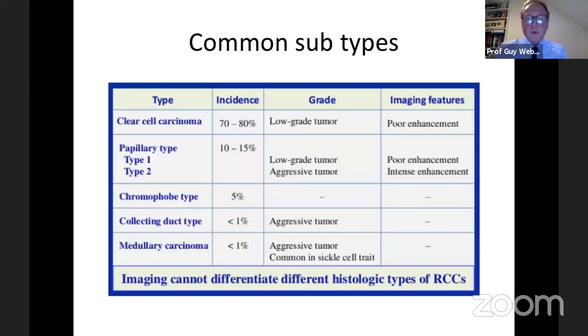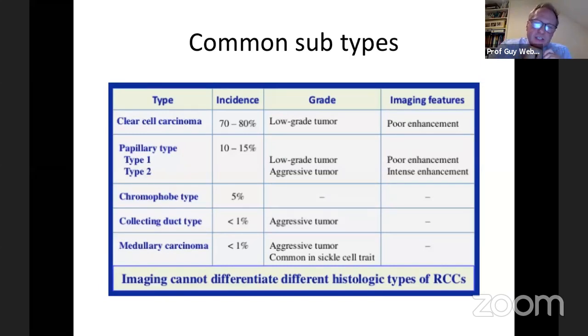And we know that there are subtypes of renal cancer. The vast majority are clear cell carcinoma, about 80% or so. But with the expertise of our histopathologists improving, we also start to see papillary types 1 and 2, and the lower aggressive chromophobe type cancer.